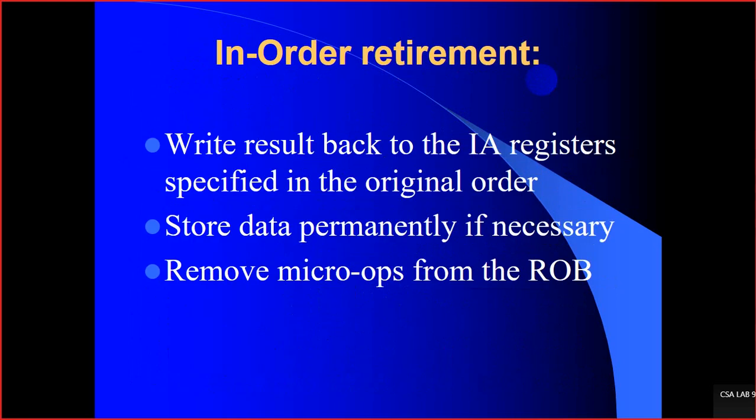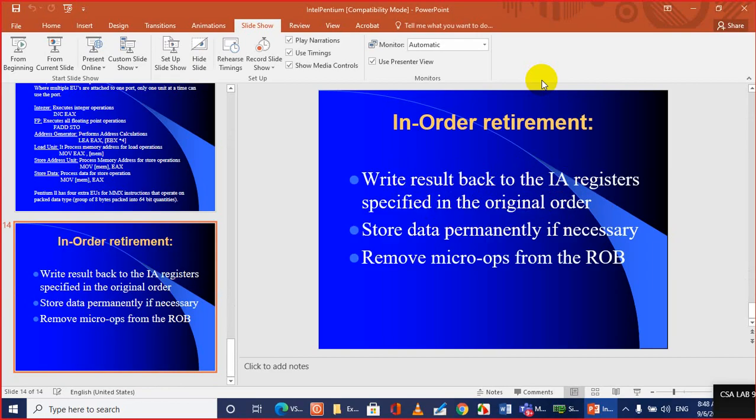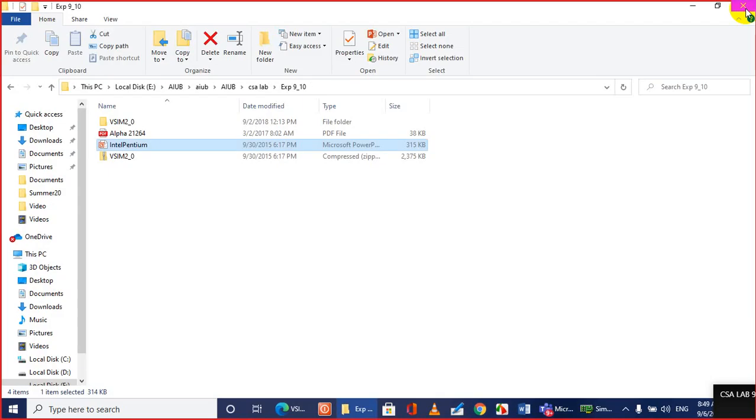Finally, at the end, it is in-order retirement, so that your original program order is maintained. So if you understand this basic operation of a CPU, then it will be easier for you to handle more complex modern architectures, because they are based on this basic principle: in-order front end, out of order execution, and in-order retirement. So let's go back to the simulator.